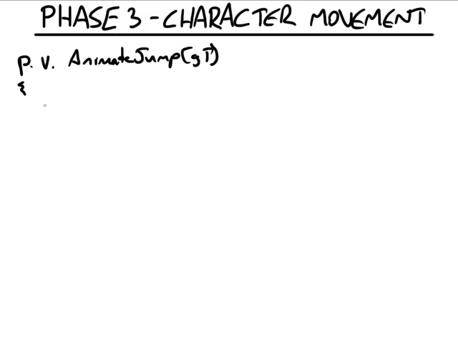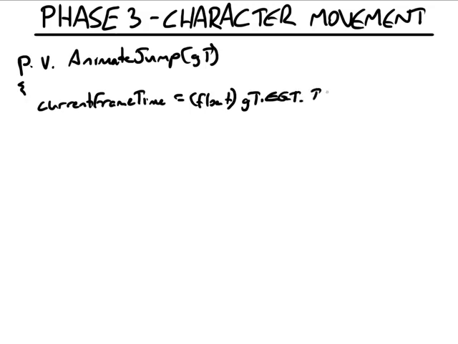We'll say current frame time equal to float game time dot elapsed game time dot total seconds.